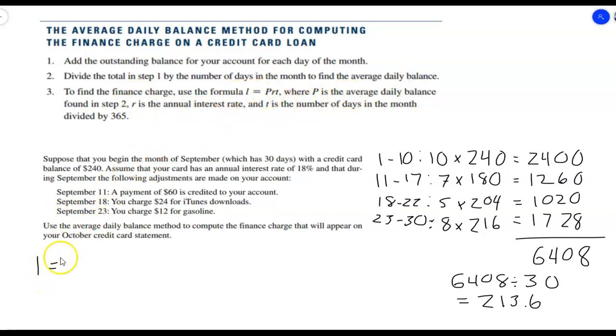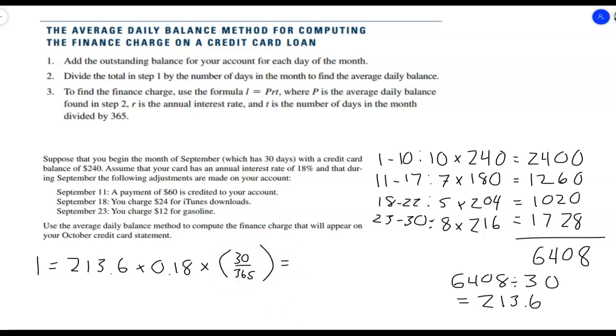So that's going to be 213.6 times our rate, which is 18%, so 0.18 when we convert it, times the time, remember, in the number of years, which is going to be 30 days divided by 365. So times 30 divided by 365.